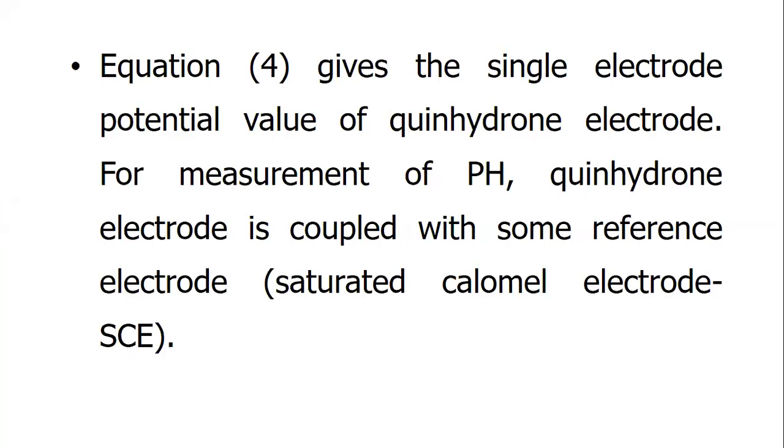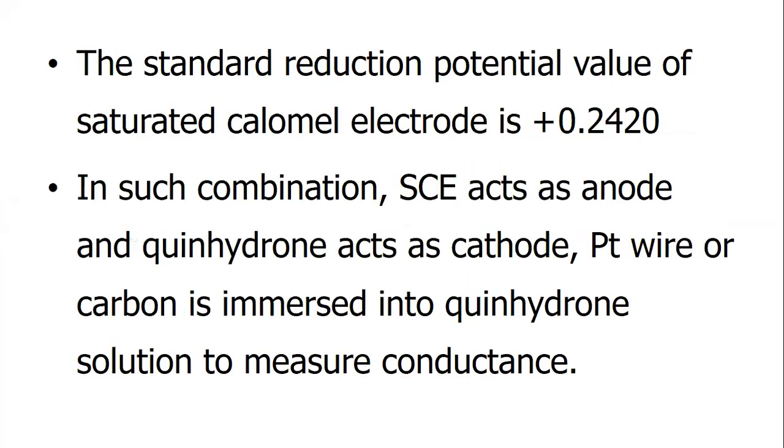For measurement of pH, the quinhydrone electrode is coupled with a reference electrode, the saturated calomel electrode. The reduction potential value of the saturated calomel electrode is plus 0.2420. In such a combination, the saturated calomel electrode acts as anode and the quinhydrone electrode acts as cathode.